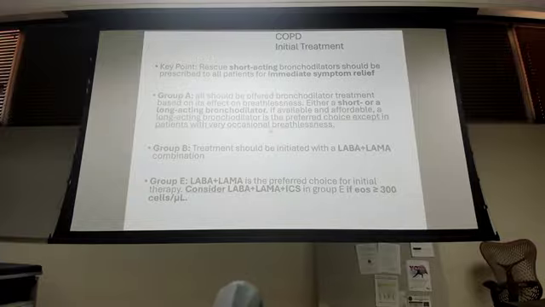Your long-acting anything does cost a little bit more because it's coming with the convenience of them not having to take it as often. If your patient is experiencing a lot of exacerbations, then you would probably want to put them on a LABA because it's going to last for a longer period of time.